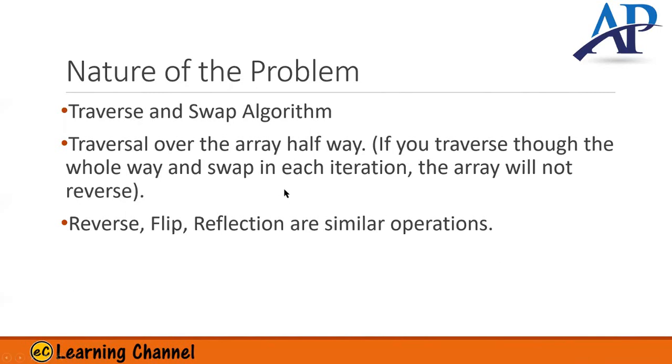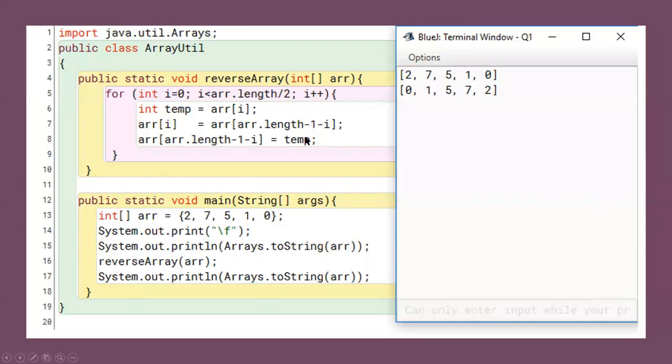Don't even touch the midpoint. If you do touch it, it's okay, because for an odd number it's the same value. So for this reverse array, we just need to go from index 0 to halfway and do the swapping. This one is easy.